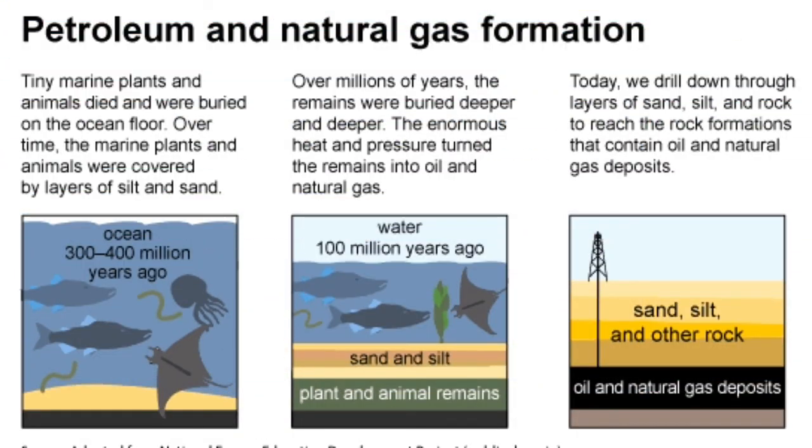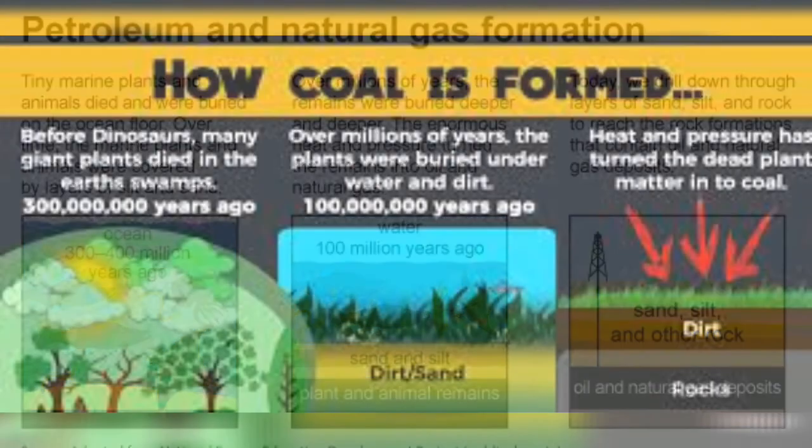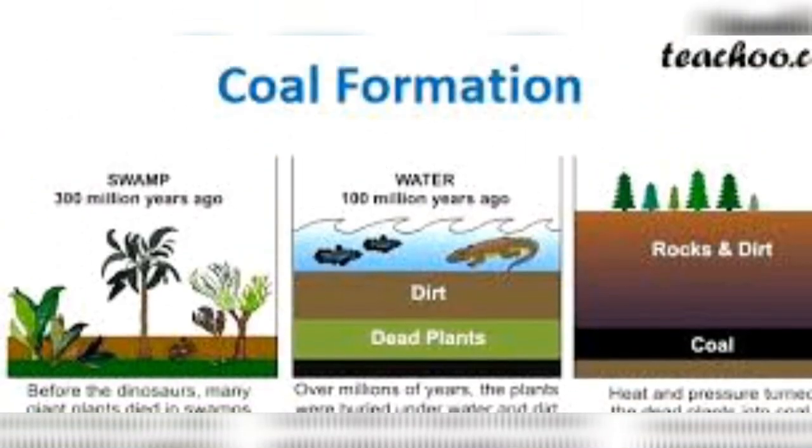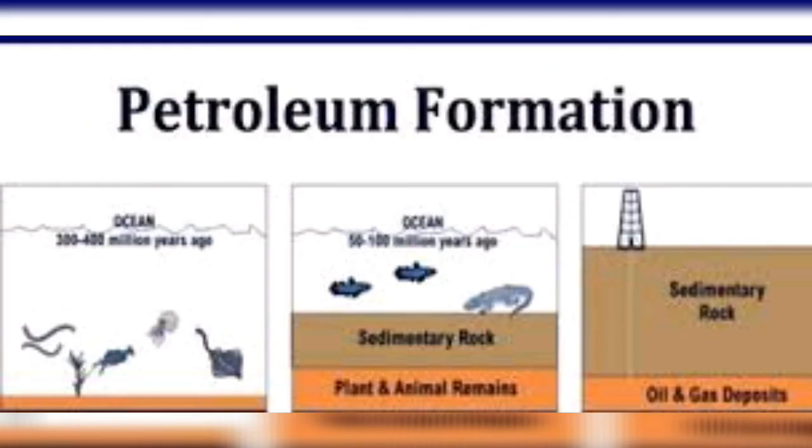Understood? Heat and pressure is required in both the cases, in coal and petroleum also, but the difference is coal is formed from the dead plants in the forest, from the mud and sand, whereas petroleum is formed from the water plants and water animals.